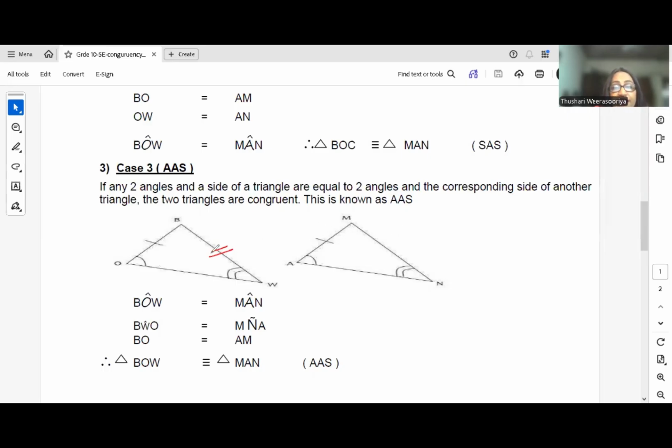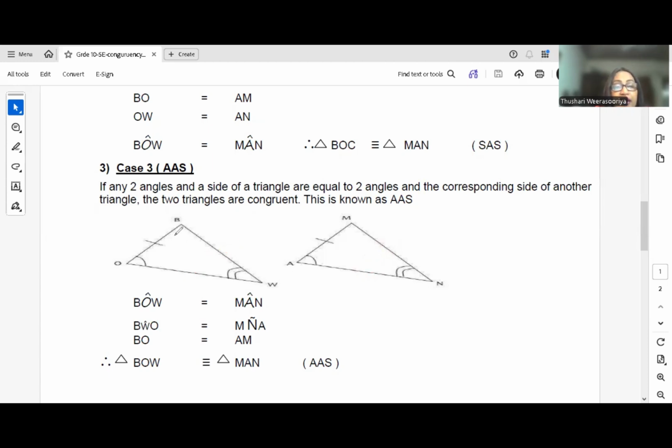If you take this side, you have to take this one. If you take this one, you have to take this one, like that. Now here, angle BOW equals angle MAN, angle BWO equals angle MNA, then BO equals MA. Then the two triangles are congruent to each other. We'll get the corresponding elements now.